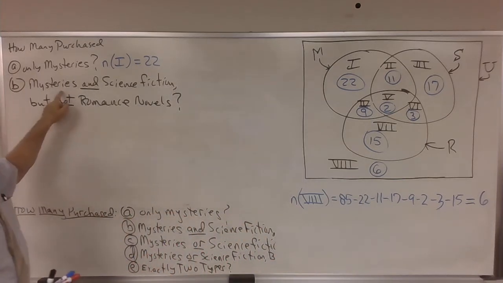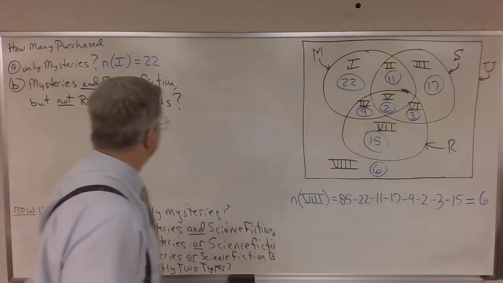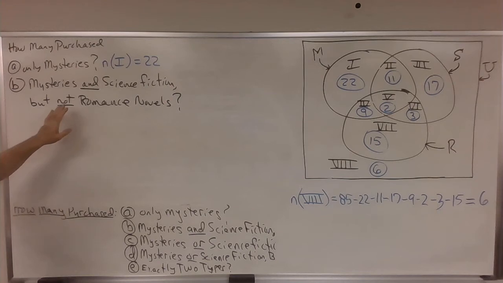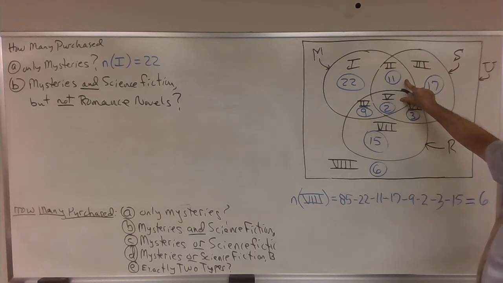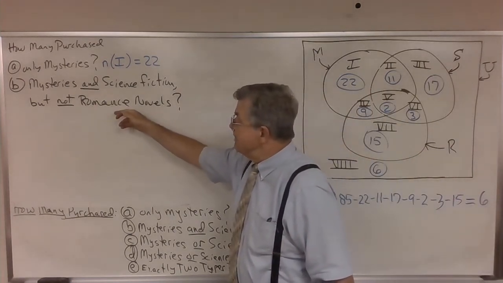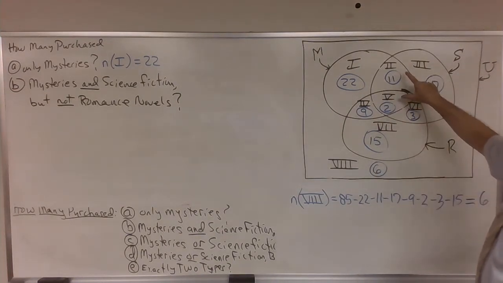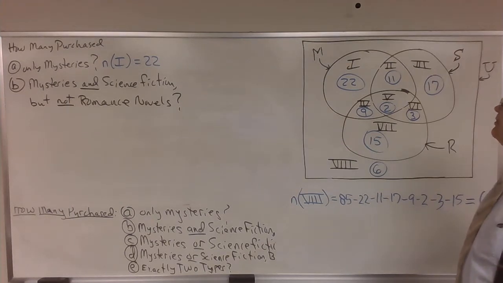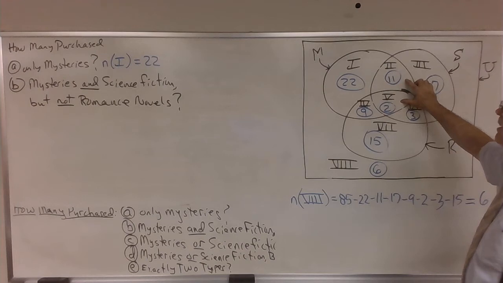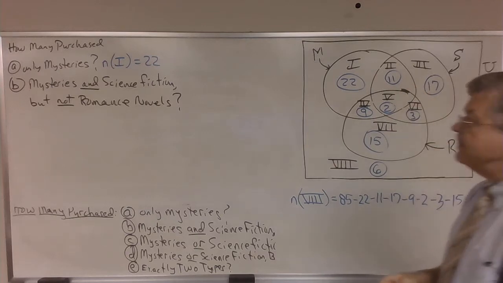But they can't be in the romance circle, so we can cross out region 5. It's just region 2.